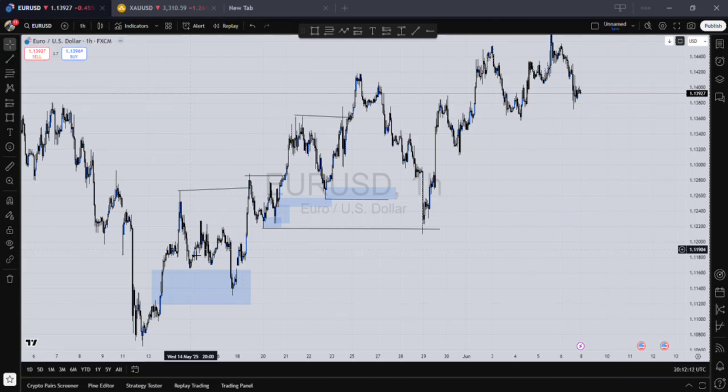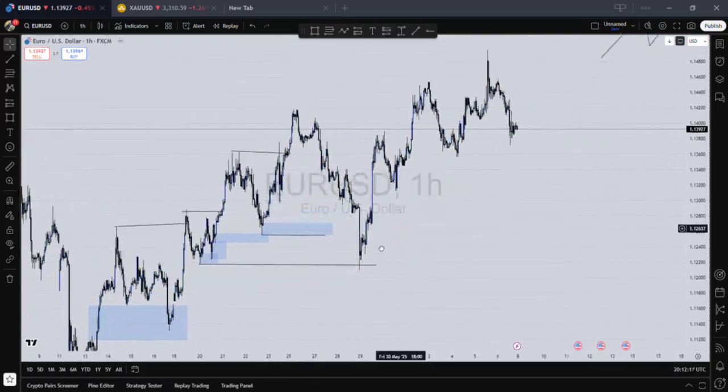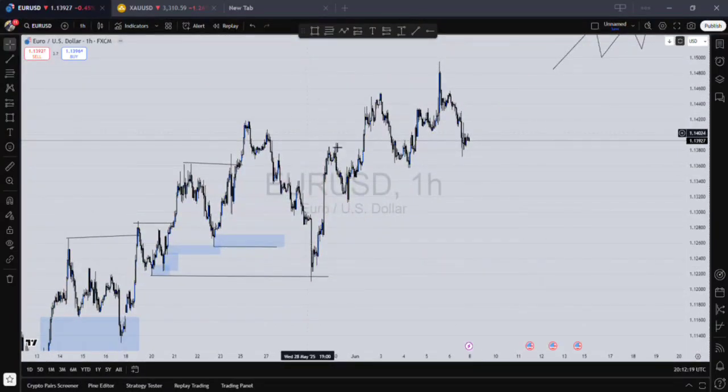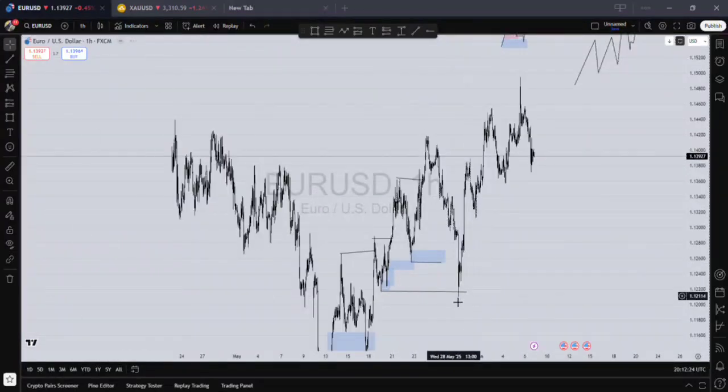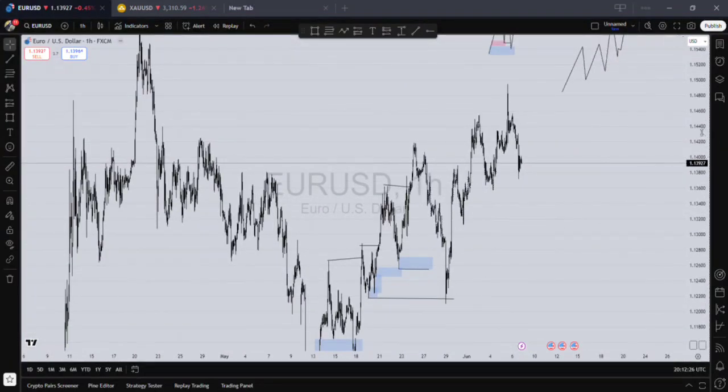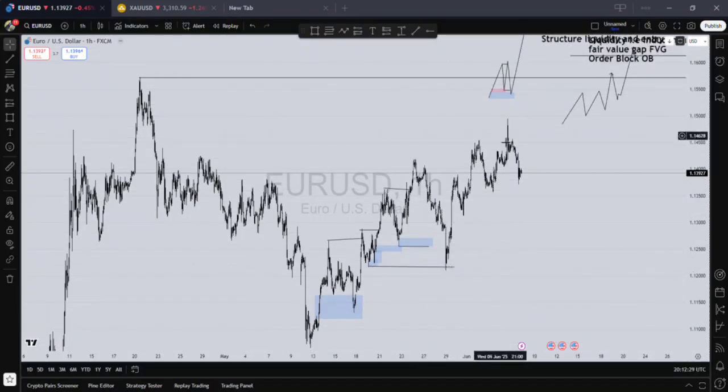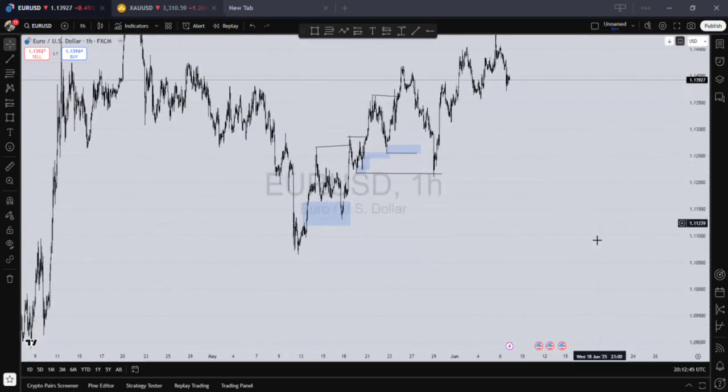And after that, what happened? Aggressive buy. So this kind of setup is always for aggressive moves. If I was to stake like $1,000 on this trade, or even maybe $500 on this move, by the time price got here you would have made up to like 2,000 or even 3,000.